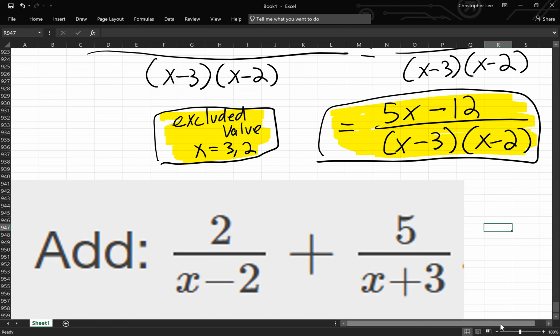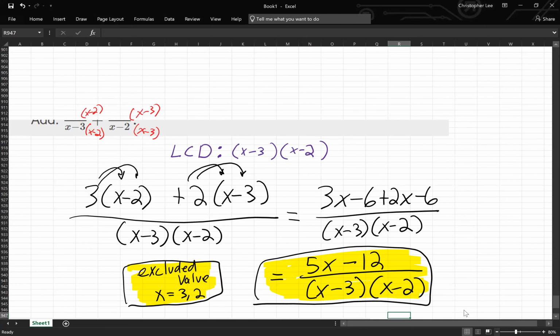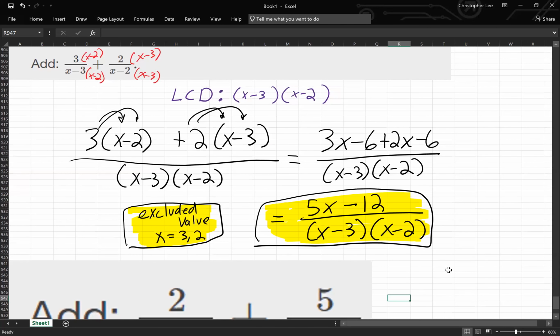Yeah, I'll make it a little bit smaller so you can see. That's it.